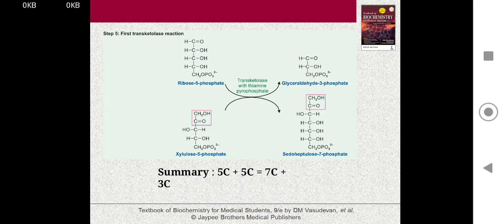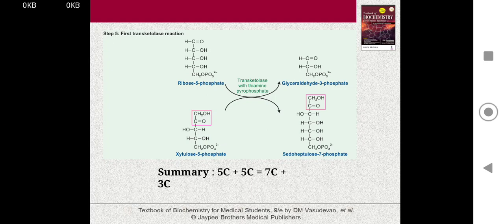Now step 5, that is the first transketolase reaction. Here ribose 5-phosphate, which is generated in the previous stage, and xylulose 5-phosphate combine in the transketolase reaction with the help of the coenzyme thiamine pyrophosphate. Here vitamin B1, thiamine, is necessary for this reaction.